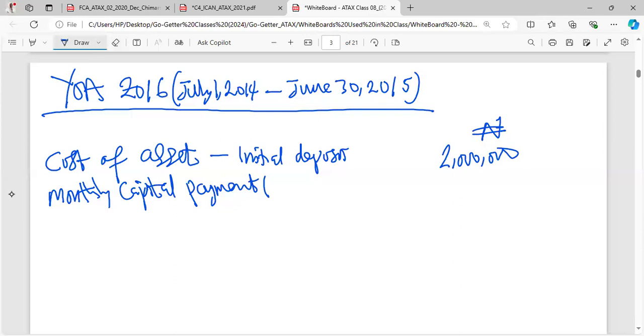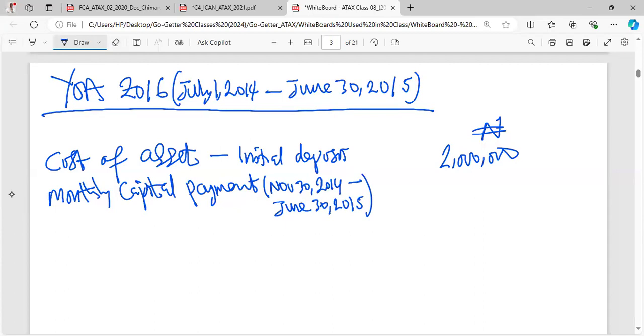So you will say November 30, 2014 to June 30, 2015. How many months is that? So we have November and December is 2 months. January to June is 6 months.